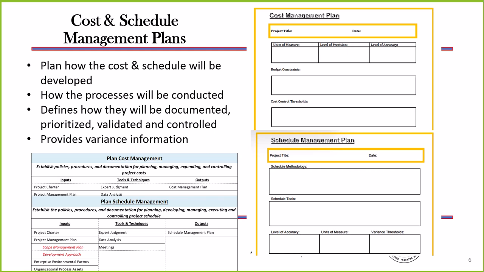We analyze the actual cost and schedule for variance information. The plan will give us some thresholds, perhaps, that as long as we stay within those thresholds, then we are good to go. We don't have to take any action. But if we exceed those thresholds, we now have a variance. So that information is going to be provided also in the cost management plan and the schedule management plan.